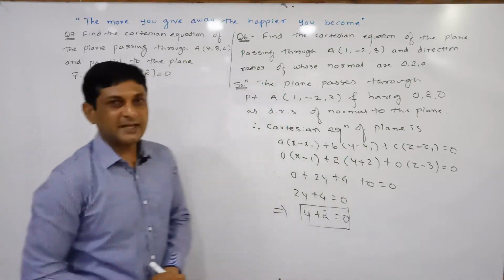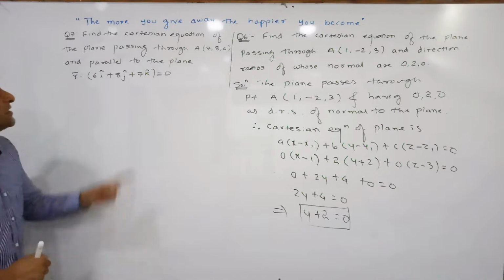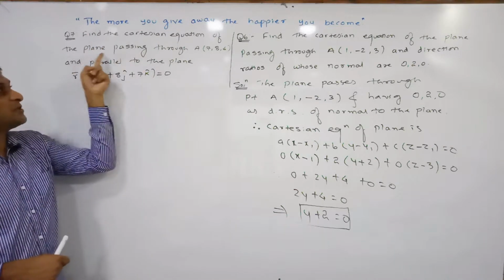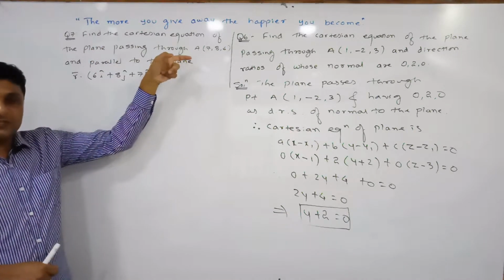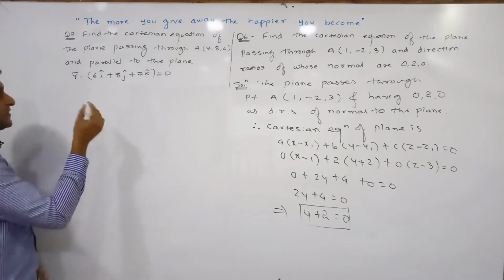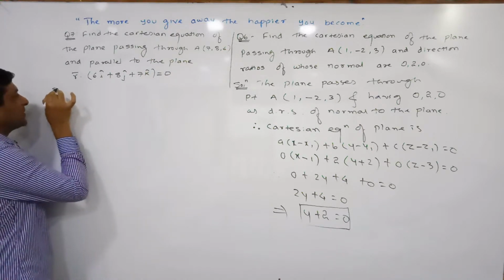Now in example number 7, here also we are finding the Cartesian equation of a plane passing through one point, meaning one point on the plane is given to us. First write down the coordinates of the given point on the plane.